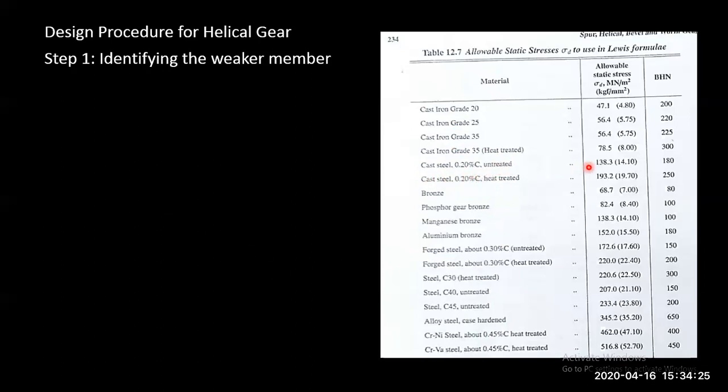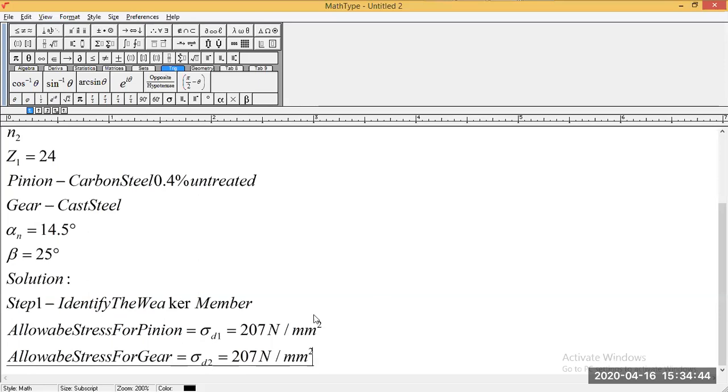Untreated is 138.3. You are free to choose between these two because it is not specifically given. I'll take 138.3 Newton per mm square.